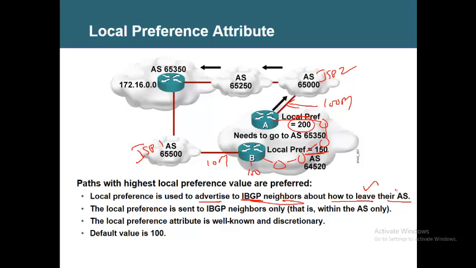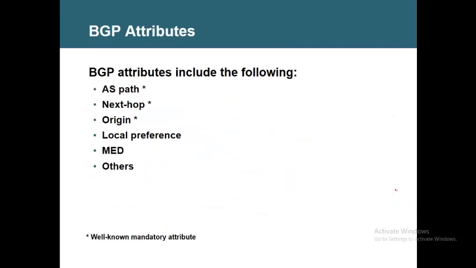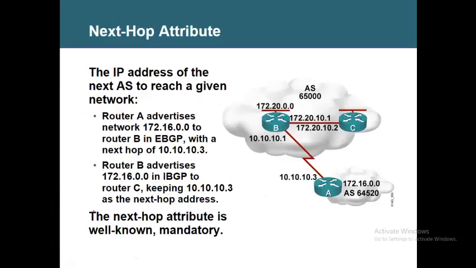That is why I said on this page, this is not in sequence. Actually, this comes before this, and this comes before this. So we'll talk about the sequence later. We are just learning what local preference is here.